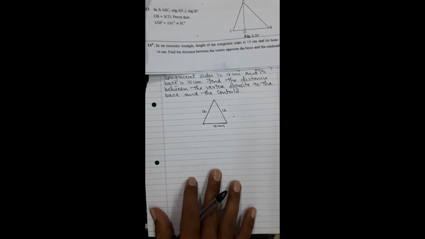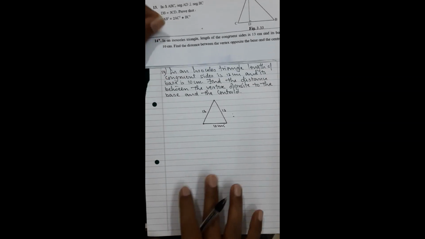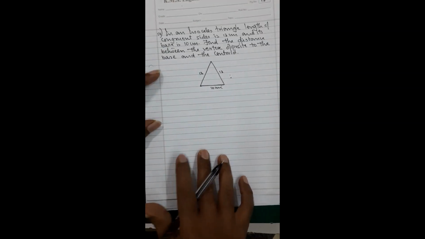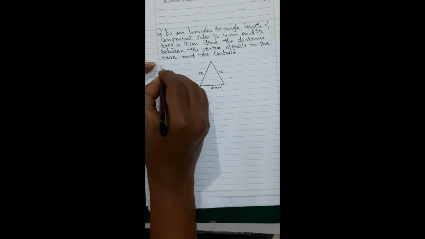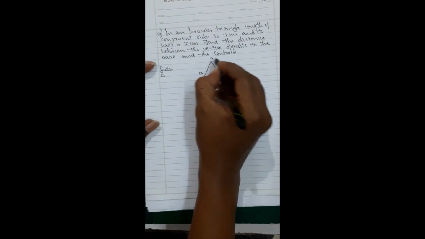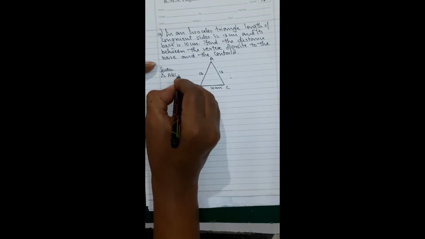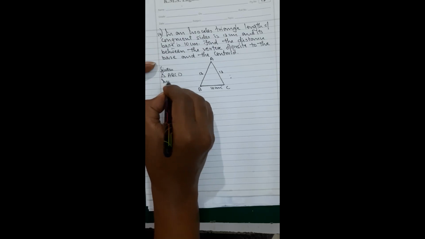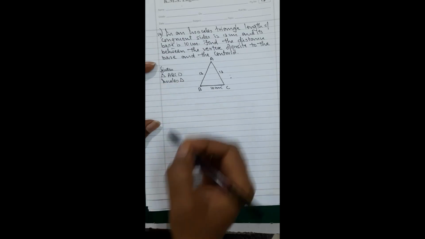So if we return to the question that we are solving, here they are asking us in an isosceles triangle. If I ask you what is given, then in given we have triangle, I take this as ABC. ABC is an isosceles triangle. Fine.